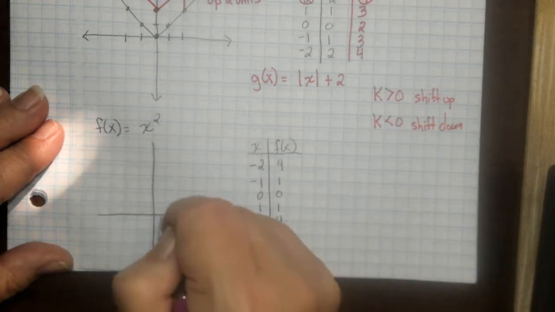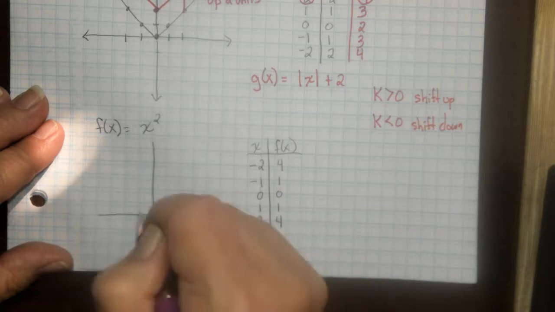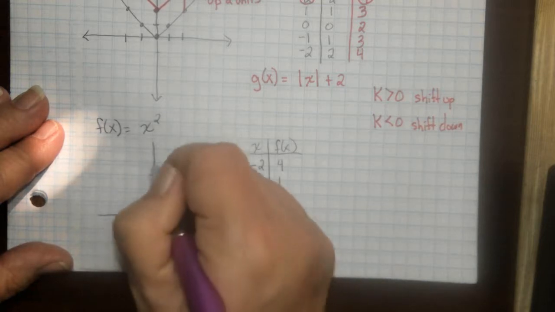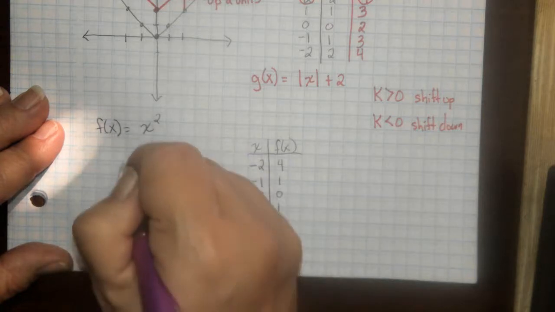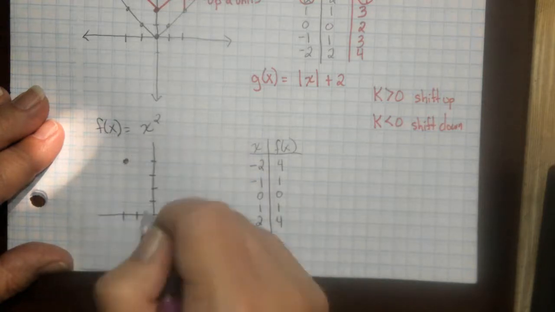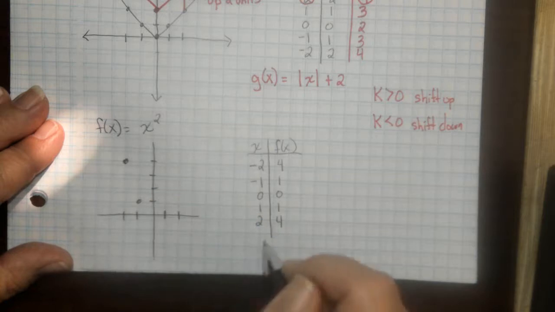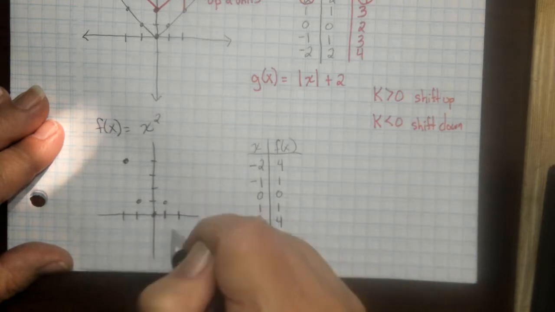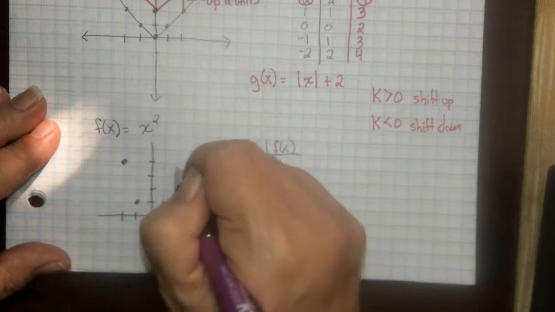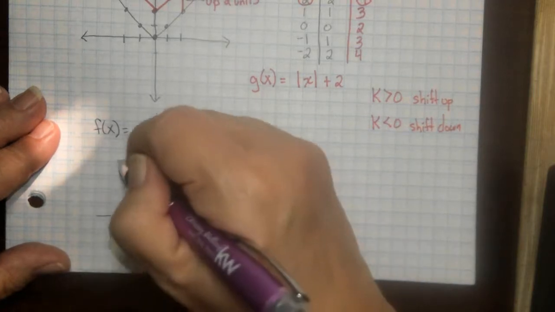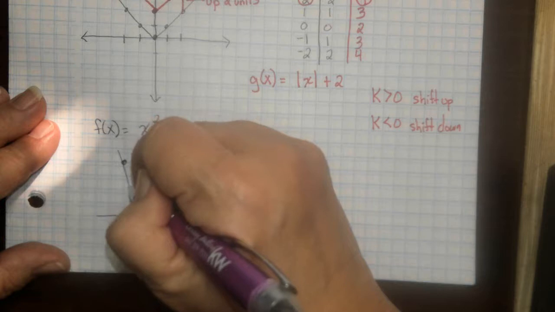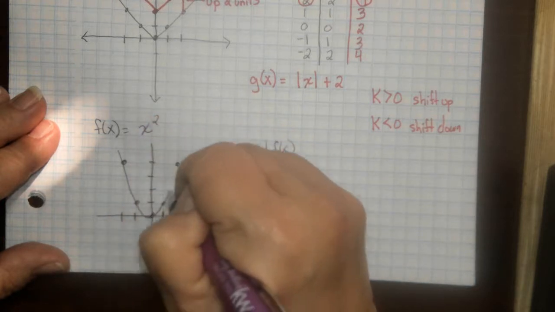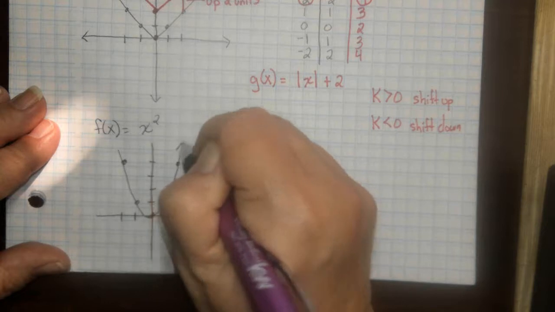So I'm going to plot these points on my graph. So this creates a parabola. This is curved. This is not a V shape like the absolute value.